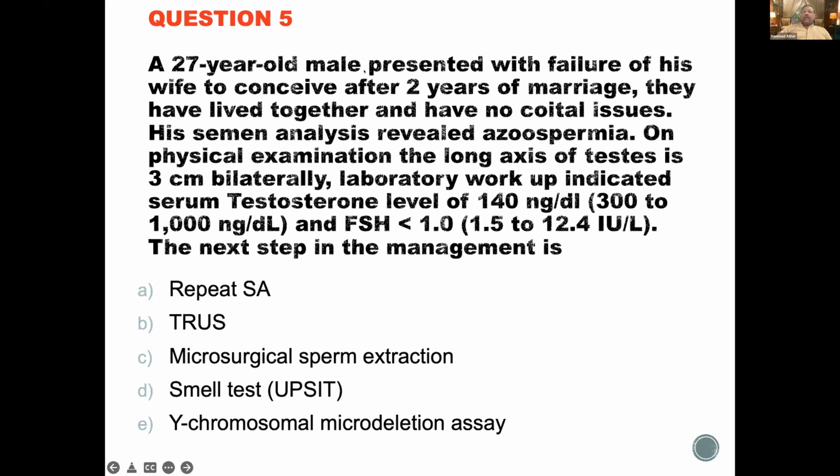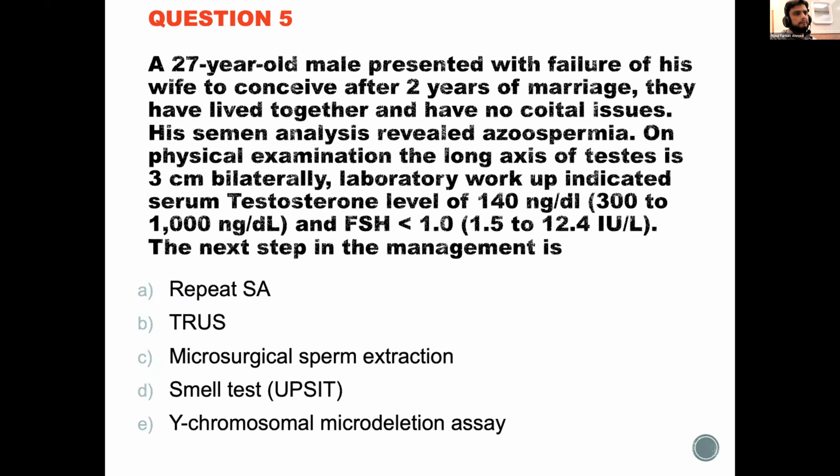Yes, thank you. So what we have here, Farhan, is that small testes, the testosterone is low, FSH is very low. So what would this situation be?